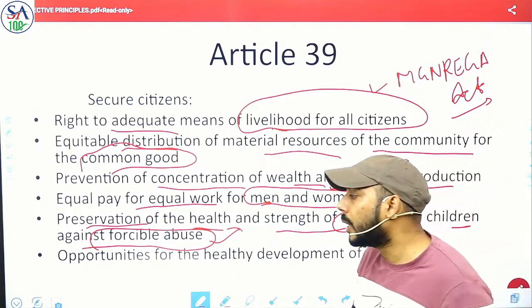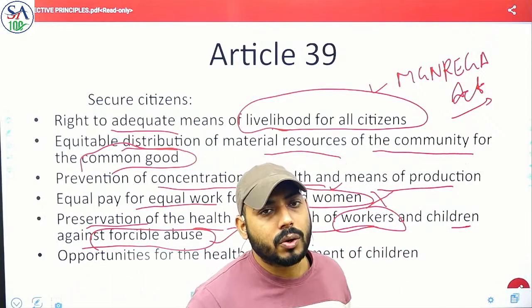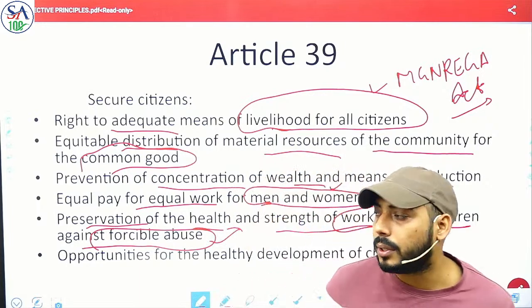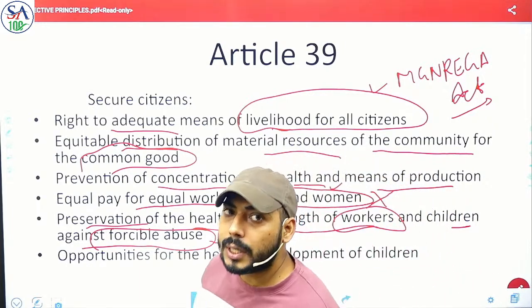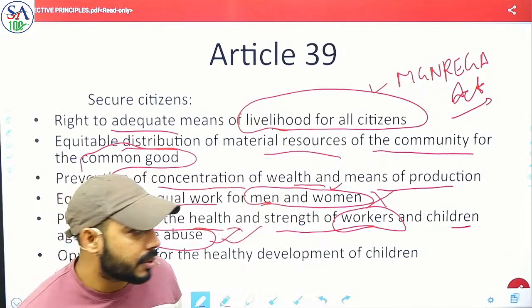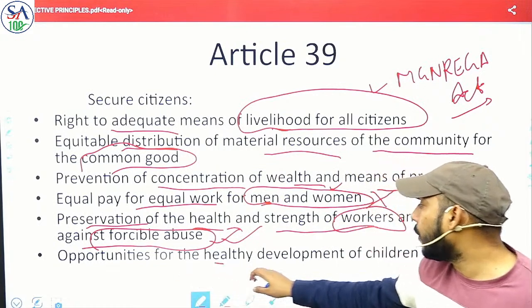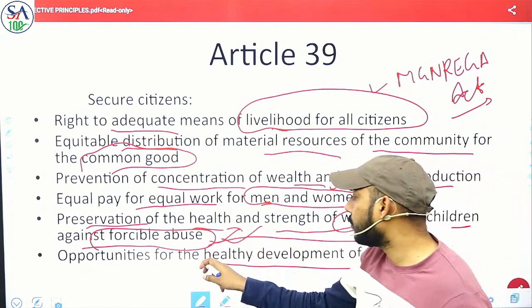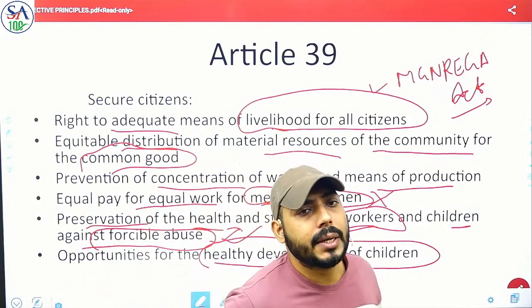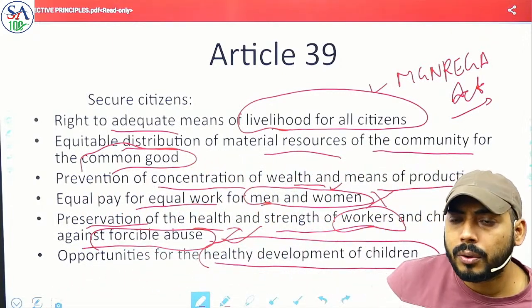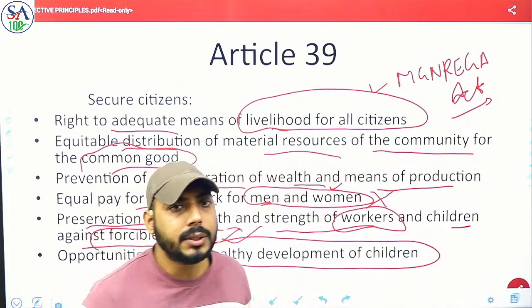If there is any kind of abuse of children, it can be mental, physical, psychological, social, etc. So the state has to make provisions to save them from such abuses. Next is opportunities for a healthy environment for children. Different acts such as the POCSO Act have been enacted to create a good, healthy environment for children in society.